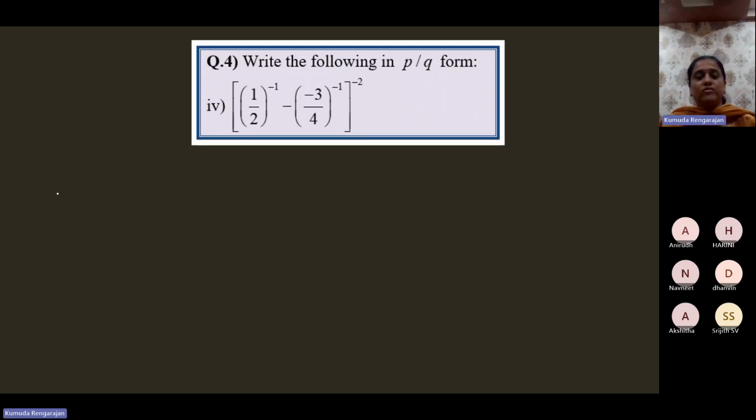Srijit, what's the other way of writing 1 by 2 to the power minus 1? What's the reciprocal of the base? Ma'am, 2 by 1 whole power 1. Okay, but what is 2 by 1? It's nothing but 2, right?